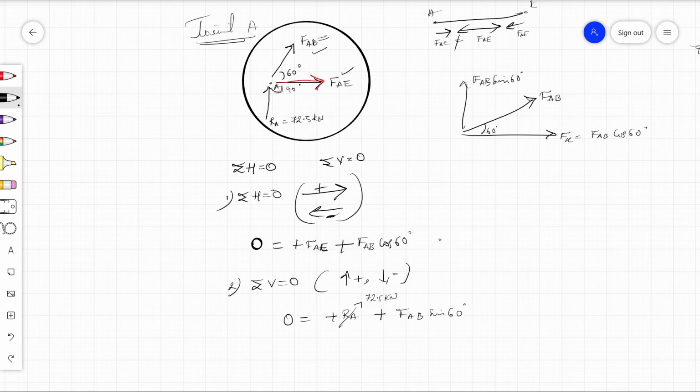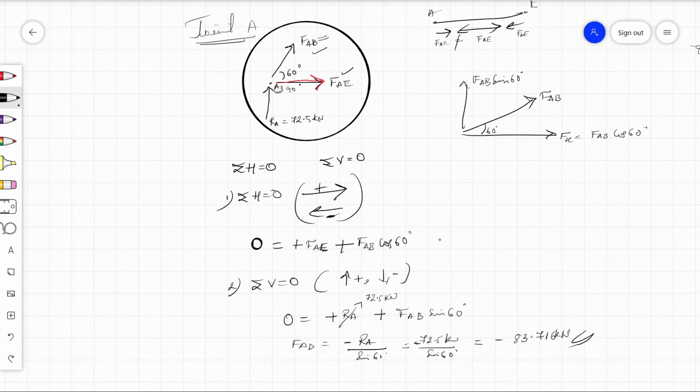So if I cross multiply, FAB is equal to minus RA divided by sin 60, which is 72.5 kilonewton divided by sin 60 degrees, equal to minus 83.716 kilonewton.